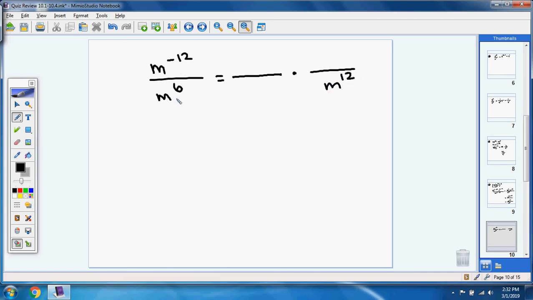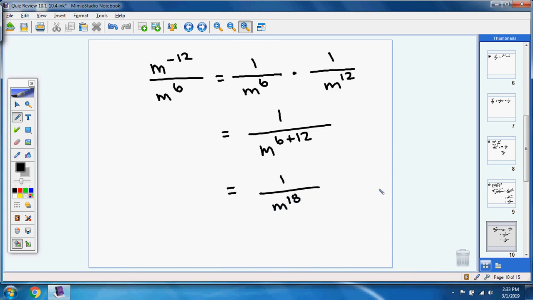Now this one, the m to the 6th power, that's already a positive exponent, so it could stay the same. And if you remember from one of the previous problems, you got little ones at the top. Putting it together, again, a 6 and a 12, that is using addition. Which is really 1 over m to the 18th power.